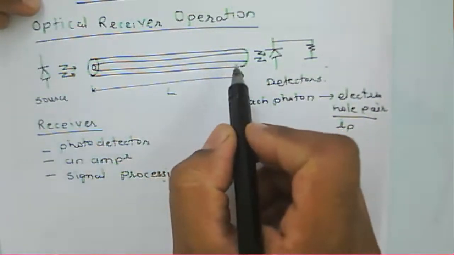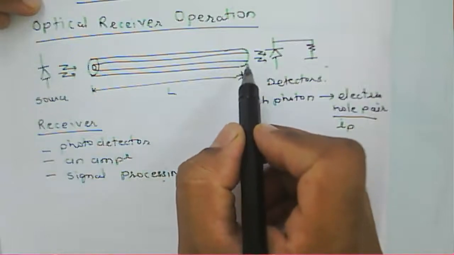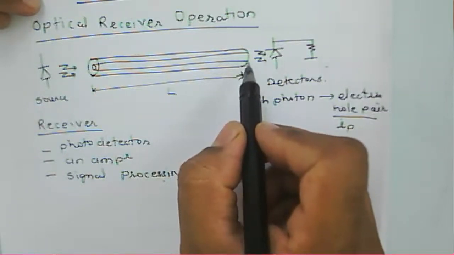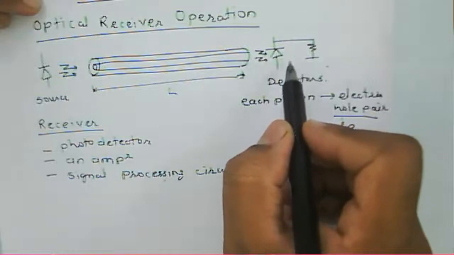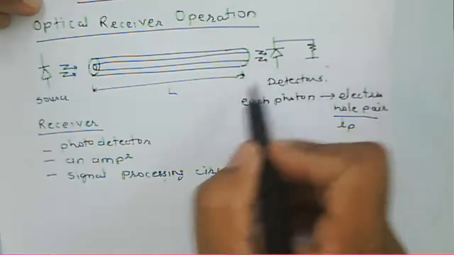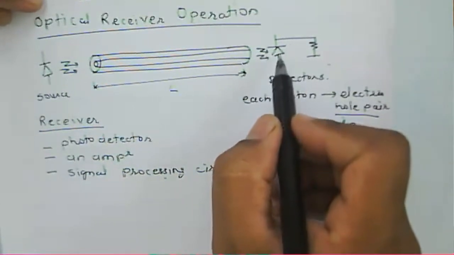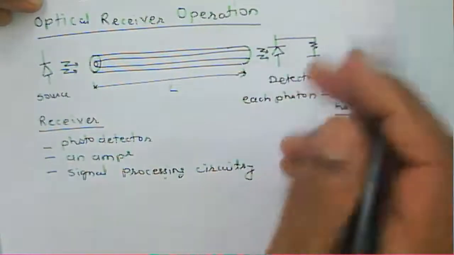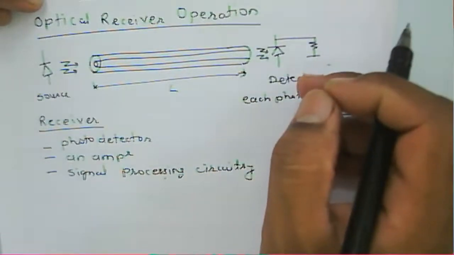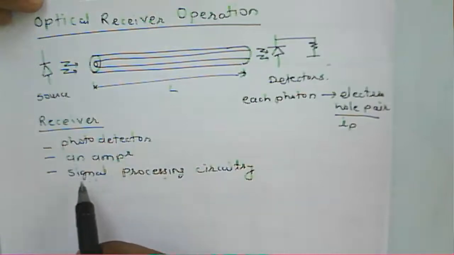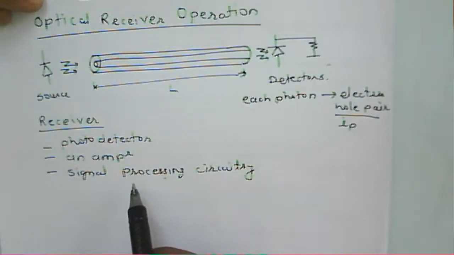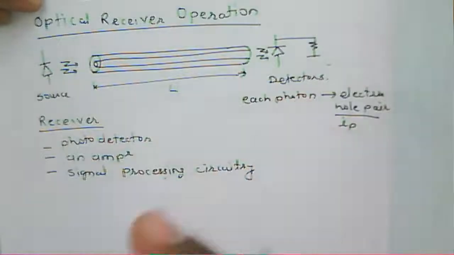It converts the optical energy from the end of the optical fiber into an electrical signal, and then amplifies that signal to a large enough level so that it can be processed by the signal processing circuitry, and we get that information.